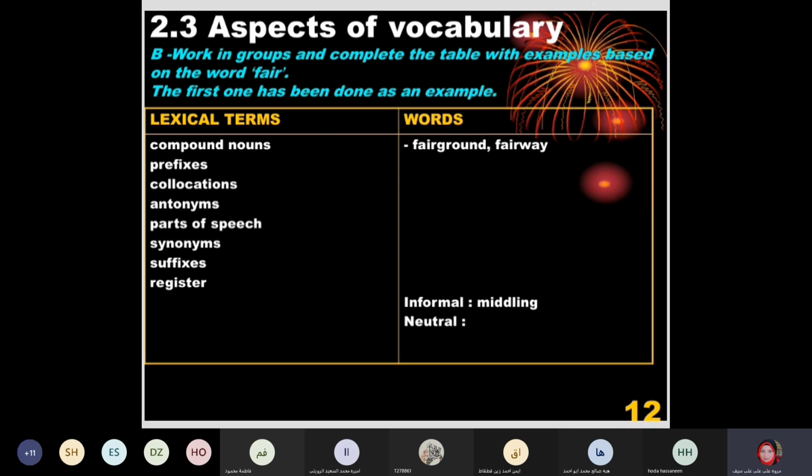Give me examples of parts of speech of the word fair. Different forms of the word fair.